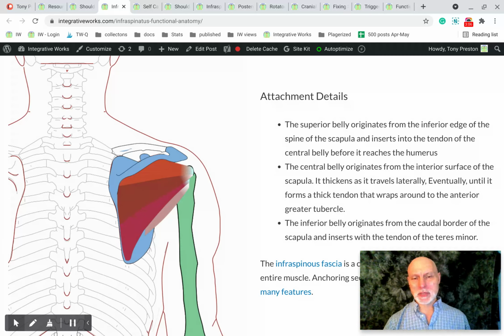This is one of those three-bellied muscles like gluteus medius or trapezius. It has a tough covering on top of it, also like the gluteus medius does, and the temporalis muscle also has a tough covering like that.